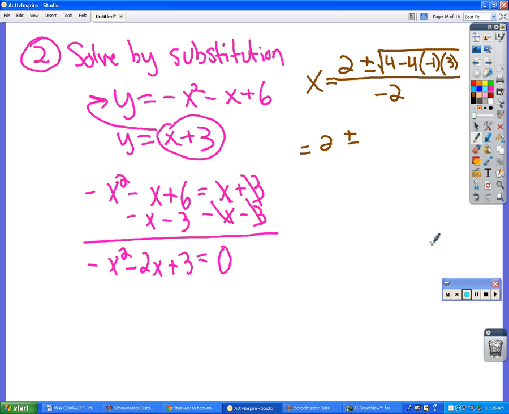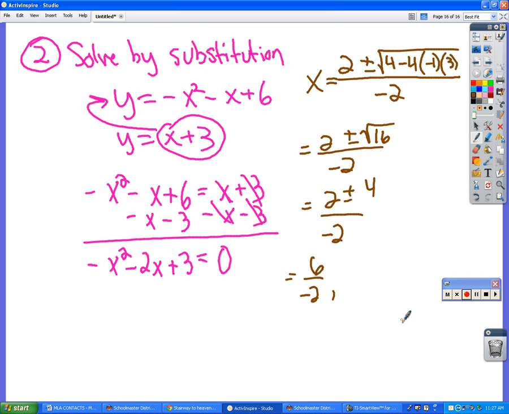Now I'm going to simplify underneath the square root. Since I have an even number of negatives, is this going to be minus or plus? Plus. So 4 plus 12 is 16. So I get 16 underneath the square root. And what is the square root of 16? 4. And then to finish this, 2 plus 4 is 6, over negative 2.